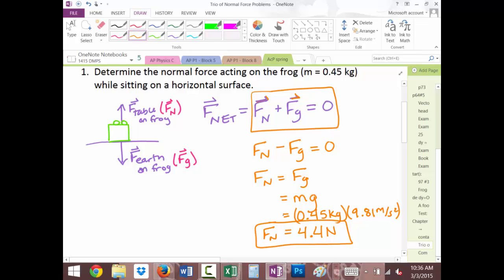Okay, now, while I'm walking with him, he's moving at a fairly constant rate. Is that okay? If he's moving at a constant rate, then what do you know about the net force acting? It's not 0.